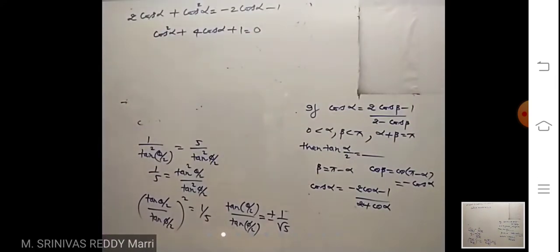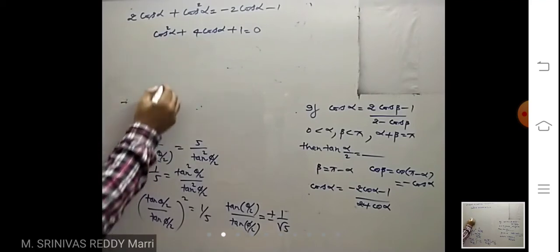Right? So this you got. Now solve for cos alpha. The cos alpha value you can get from here.